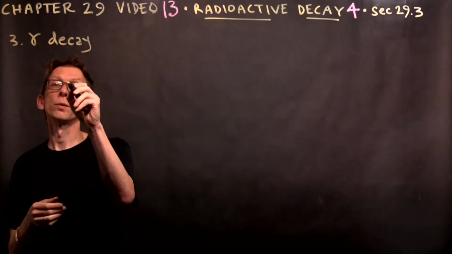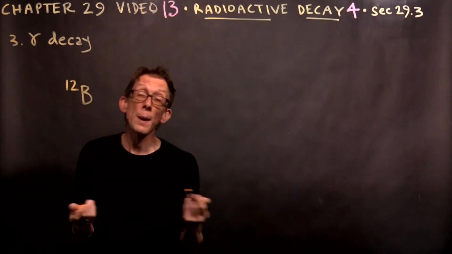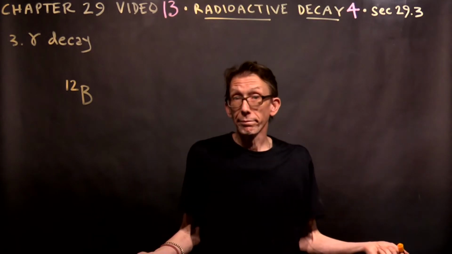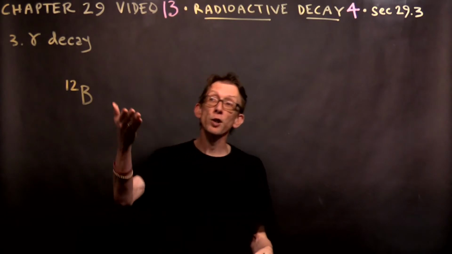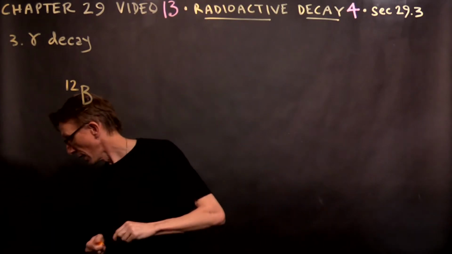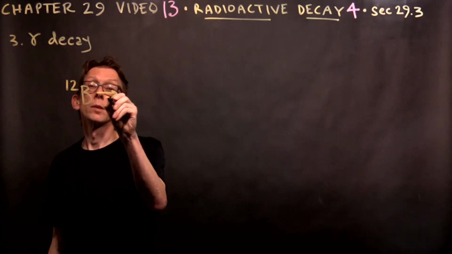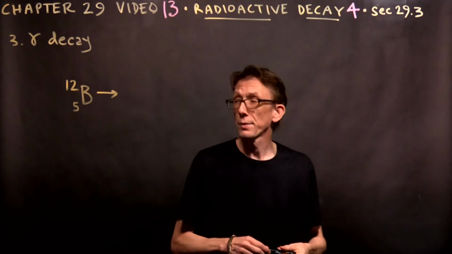Boron-12. Typically stable boron is boron-10: 5 protons, 5 neutrons. Boron-12 is unstable, and I don't know what the half-life is here, but it becomes carbon-12. This is boron-12, 5, because all boron has 5 protons.